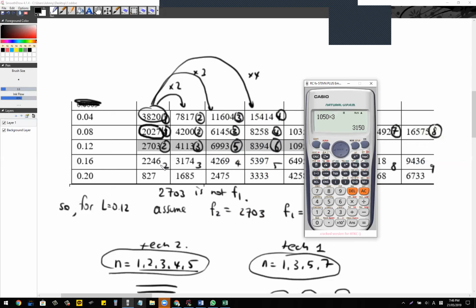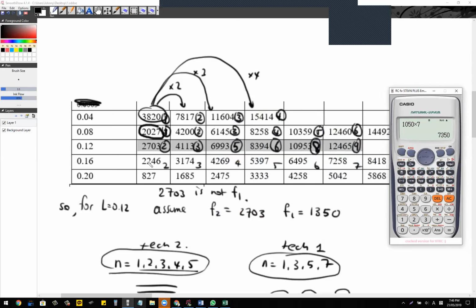Times by 3. It's more accurate, isn't it? So it's not always this one divided by 2. You can do this one divided by 3, or this one divided by 5, or this one divided by 4, to get the first harmonic.